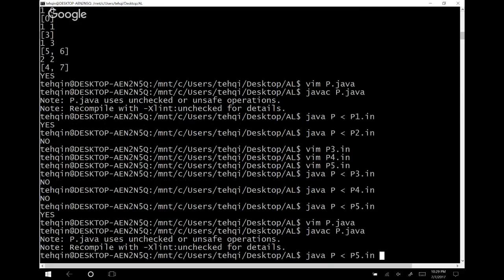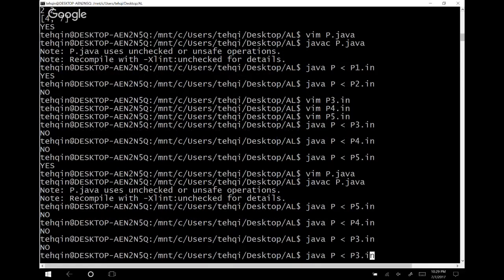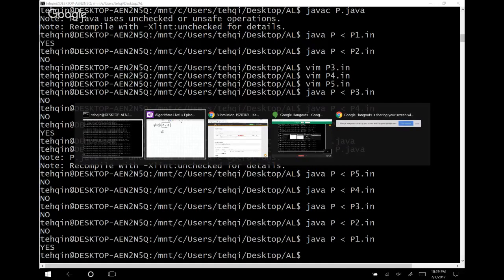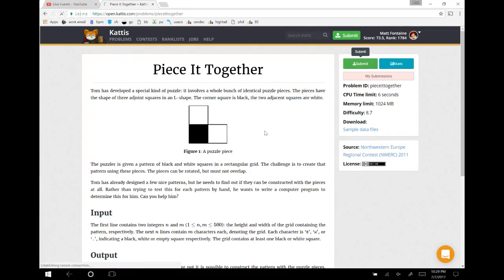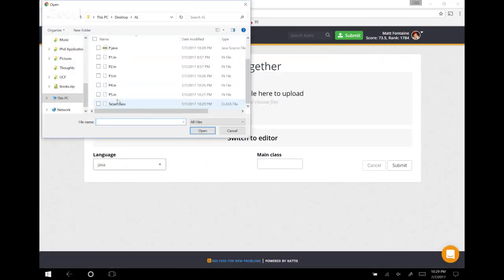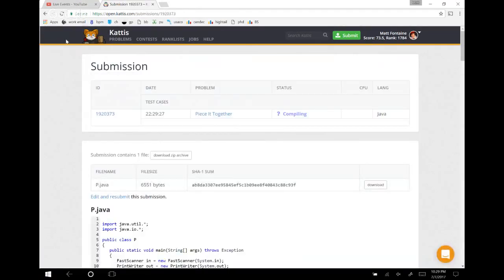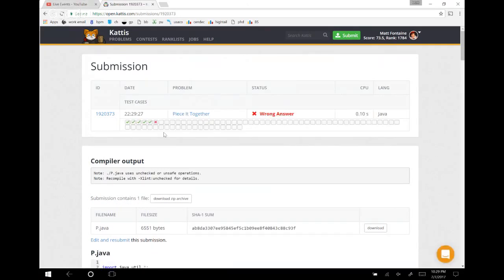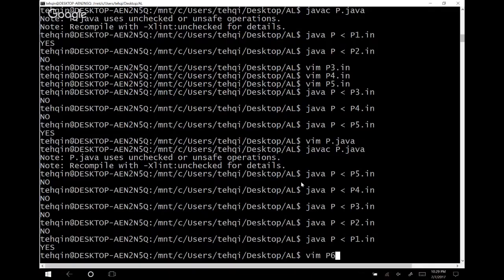If I have an isolated black cell, that's not allowed. Still passing those cases. So let's try submitting again and see if I get a little further in the tests. Oh, I got a little bit further. Should probably make even better tests.